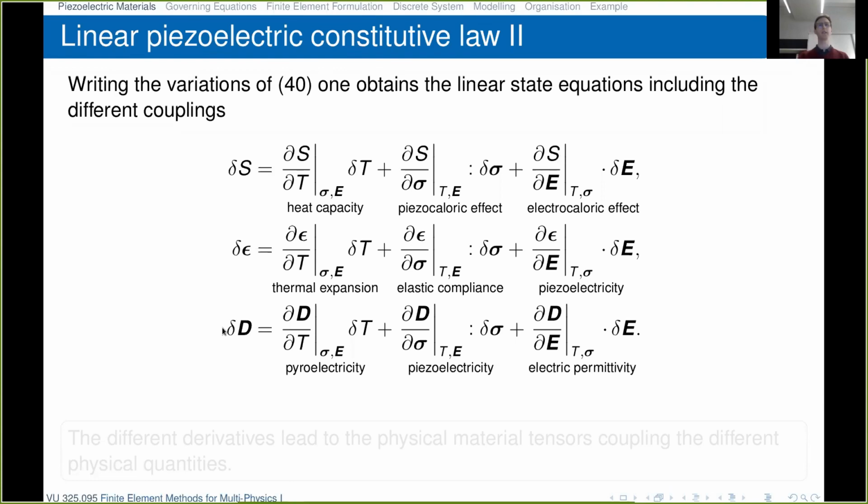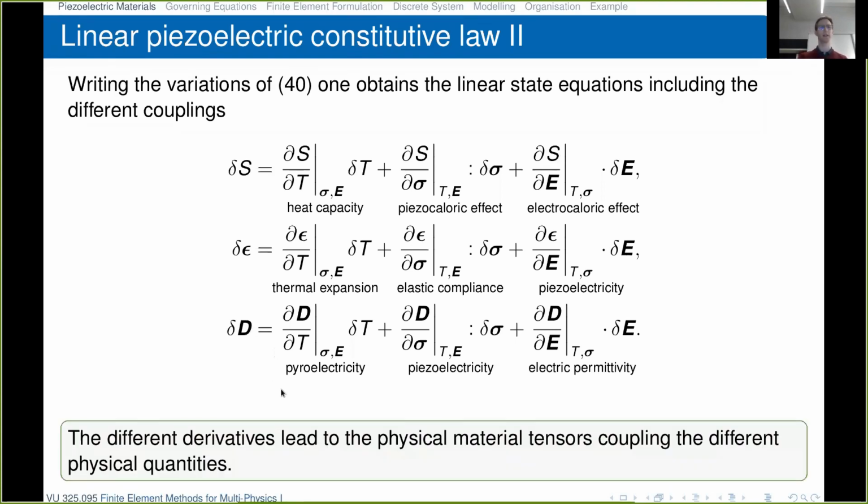Here you can recognize that the different derivatives lead to the physical material tensors that couple the different physical quantities. We have the heat capacity, the piezocaloric effect, the electrocaloric effect, and a familiar term, the elastic compliance matrix that we get with the double contraction of sigma.